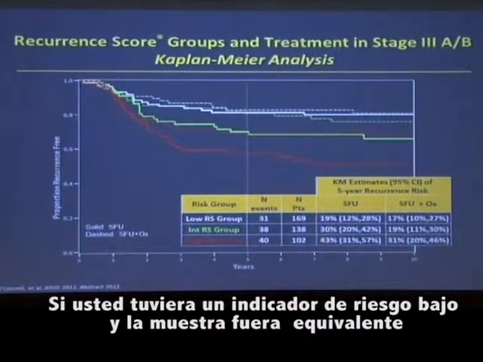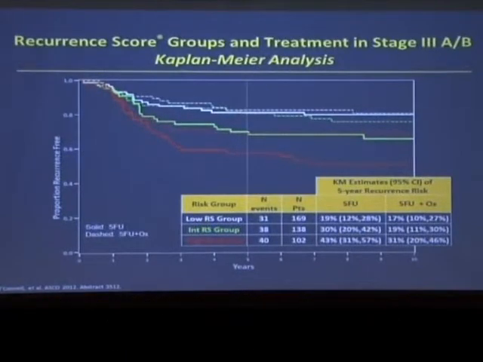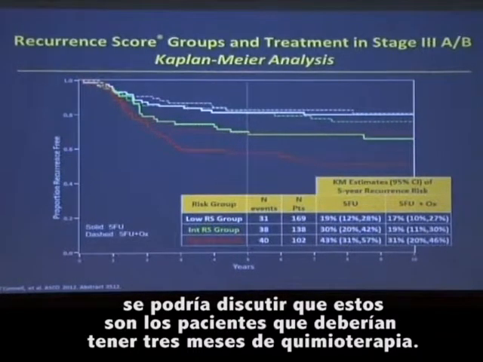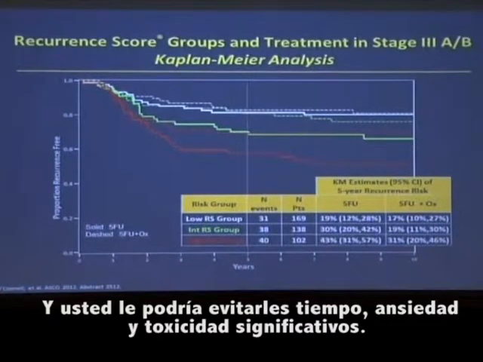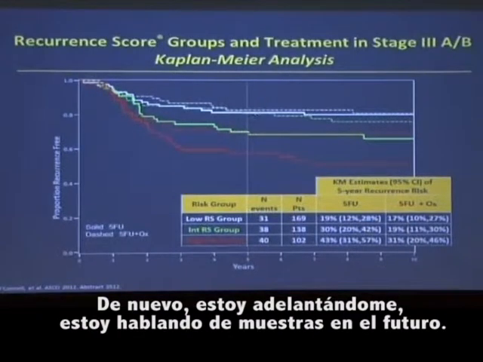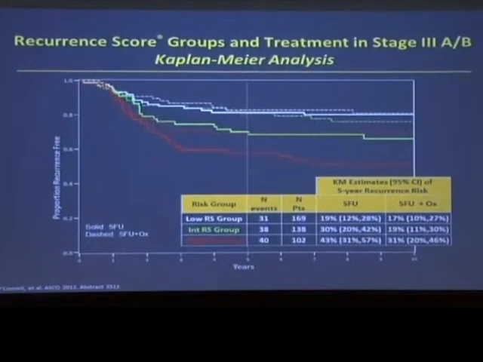If you had a score that was low risk and the trial was equivalent, you could argue that these are the patients that should get 3 months of chemotherapy, and you would spare them significant time, anxiety, and toxicity, okay? So again, I'm jumping ahead, I'm talking about trials in the future, but that's where this is helpful.